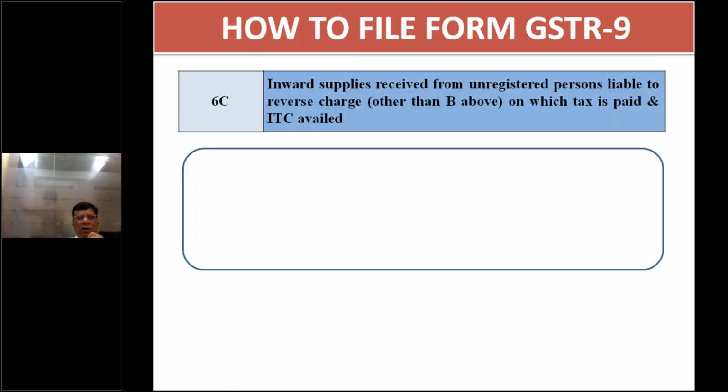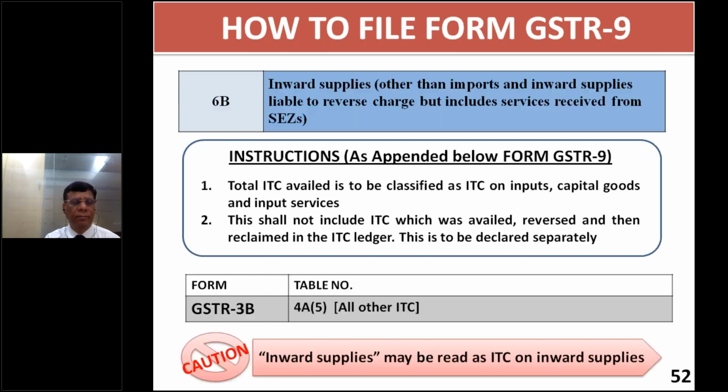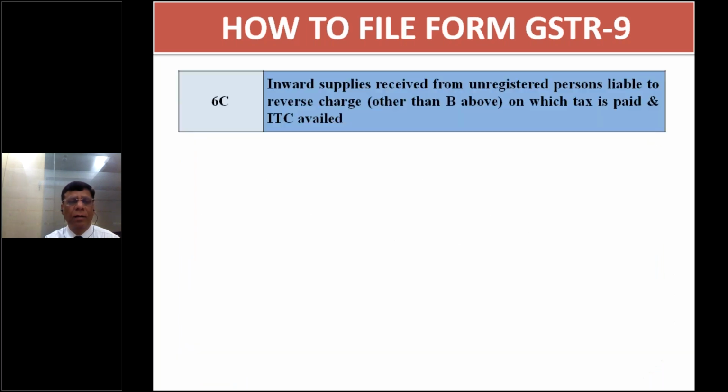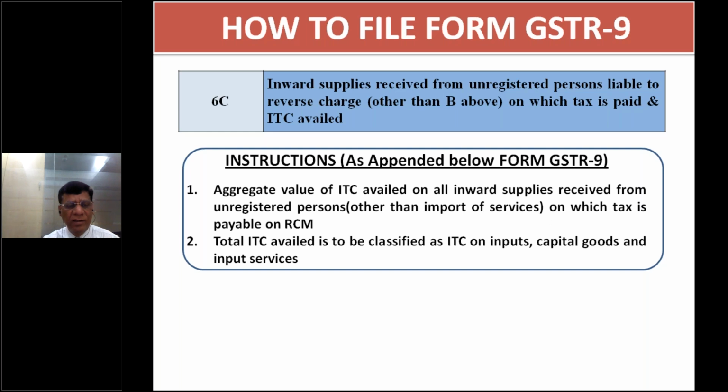Now in this particular table, inward supplies received from unregistered persons liable to reverse charge, other than B above, on which tax is paid and ITC availed. Aggregate value of ITC availed on all inward supplies received from unregistered persons other than imports of services on which tax is payable on RC.